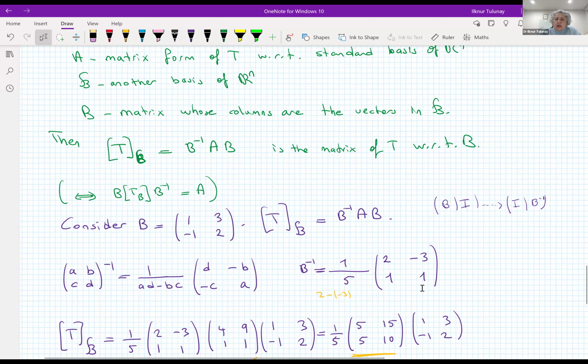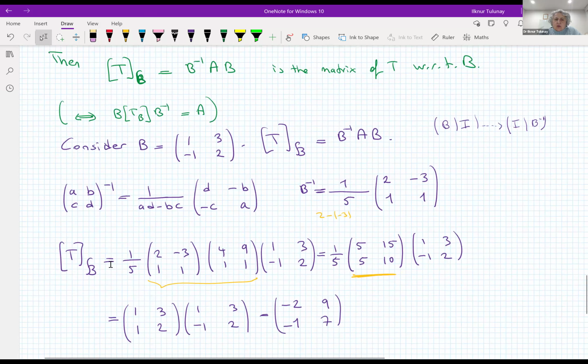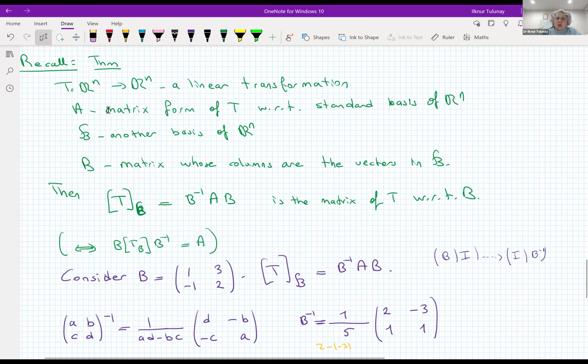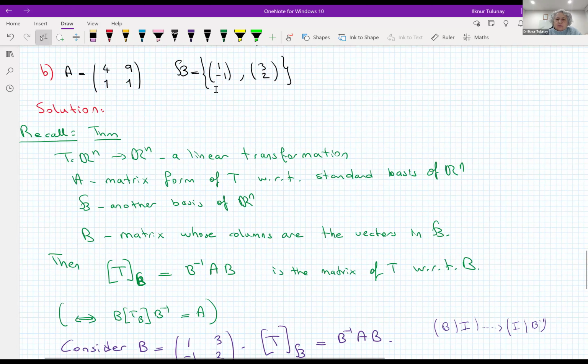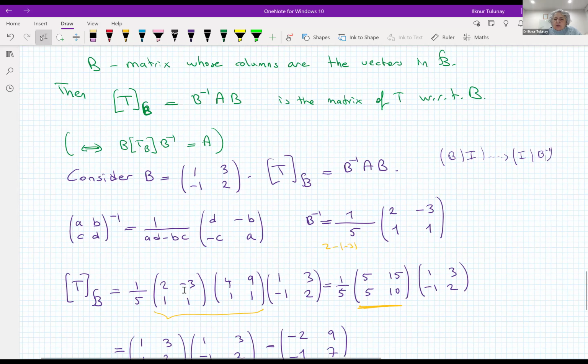So we will just write down all these matrices and multiply. That is B inverse here. This is A here. A is the given matrix, as in the question. So this is A. This is B. If you multiply these two matrices, this row with this column, it will be 8 minus 3, which is 5. 2 times 9 is 18, 18 minus 3 is 15.